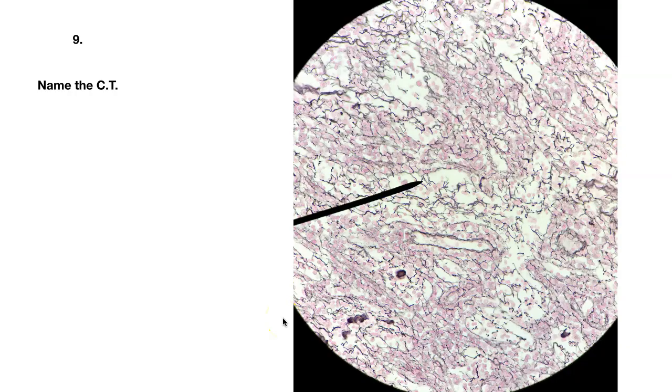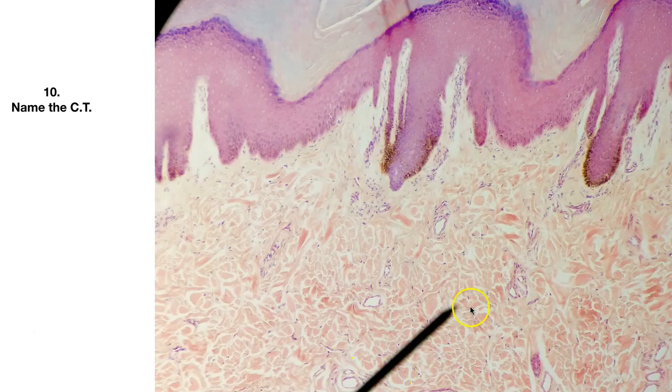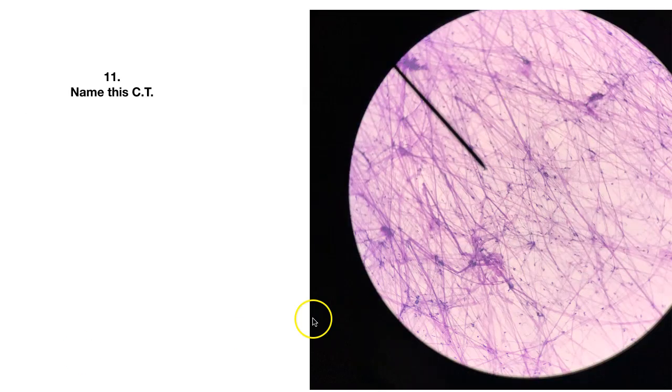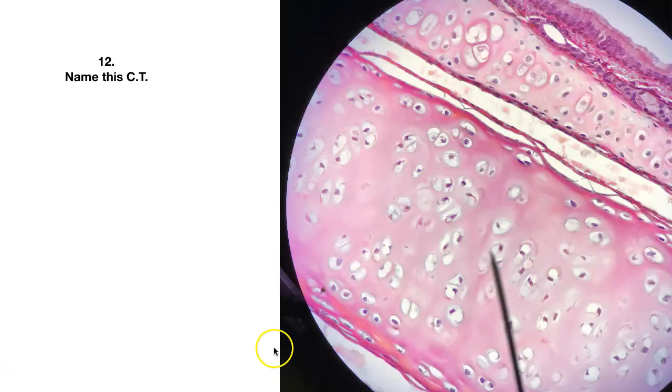The rest, you just hopefully looked at these pictures, these slides, and go, I know that. This is reticular connective tissue. This is dense, irregular connective tissue found in the deeper part of the dermis of the skin. This connective tissue, pickup sticks pattern, this is areolar connective tissue.